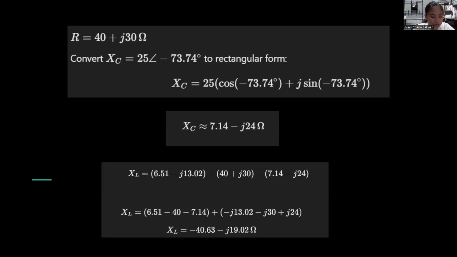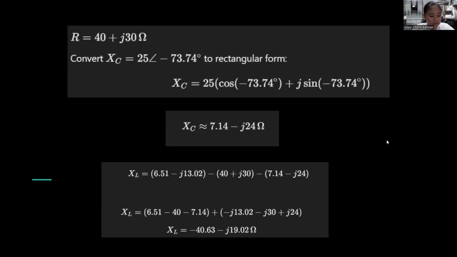We should convert XC, which is equal to 25∠-73.74, to rectangular form. We'll have XC equal to 25 cosine of negative 73.74 degrees plus j sine of negative 73.74 degrees, giving us a value of XC equal to 7.14 minus j24 ohms.